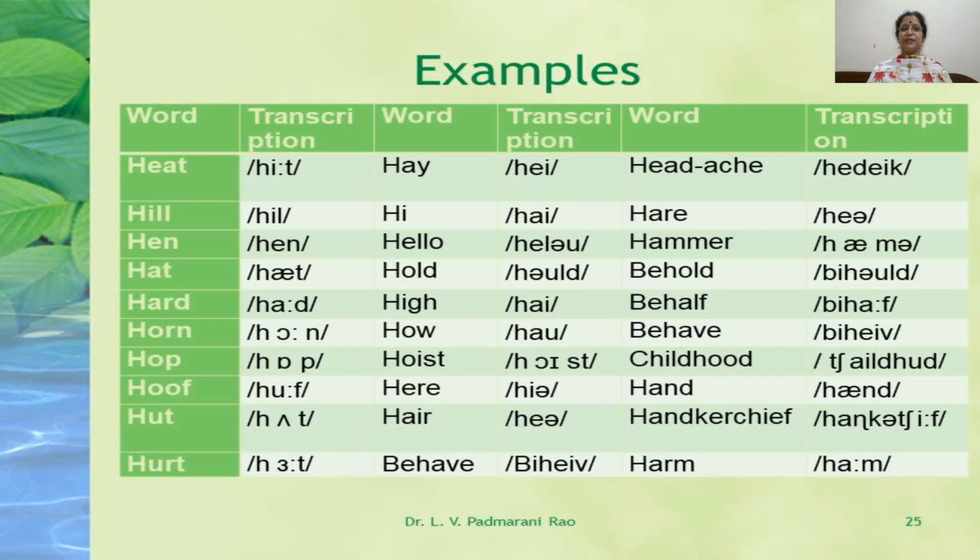R sound also is never pronounced if it is occurring in the word final position. H-O-R-N, horn. H-O-P, hop. H-O-O-F, hoof. H-U-T, hut. H-U-R-T, hurt. The central long vowel, hurt.